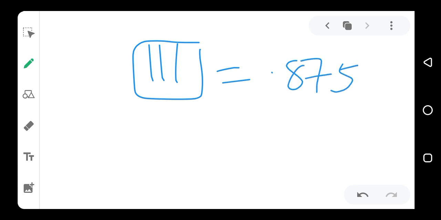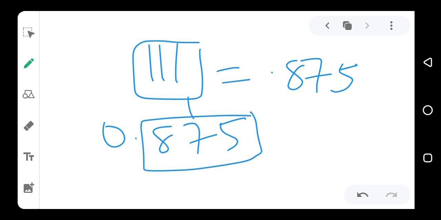0.875. Now the whole number, which is 0, because the number we are working with is 0.875. Now we have gotten this side as this. Now the whole number, which is 0, we convert 0 to base 2. 0 to base 2 will give us 0.